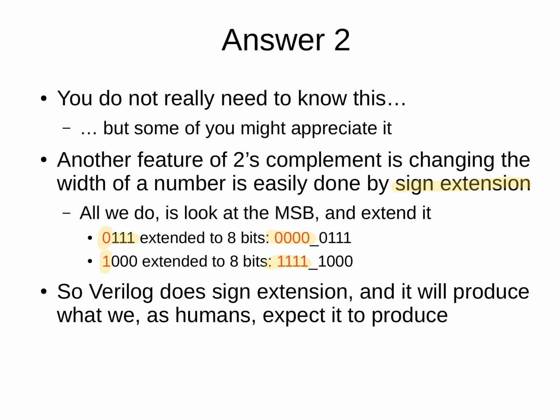And this works beautifully. Remember, if it starts with a 0, it represents a positive number, and so indeed we just want zeros out the front. If it starts with a 1, it's a negative number. So what we want is to end up with the corresponding negative number. And you can show that we get the right number just by adding these leading ones here, and it works out beautifully. So we have yet another benefit of 2's complement notation.